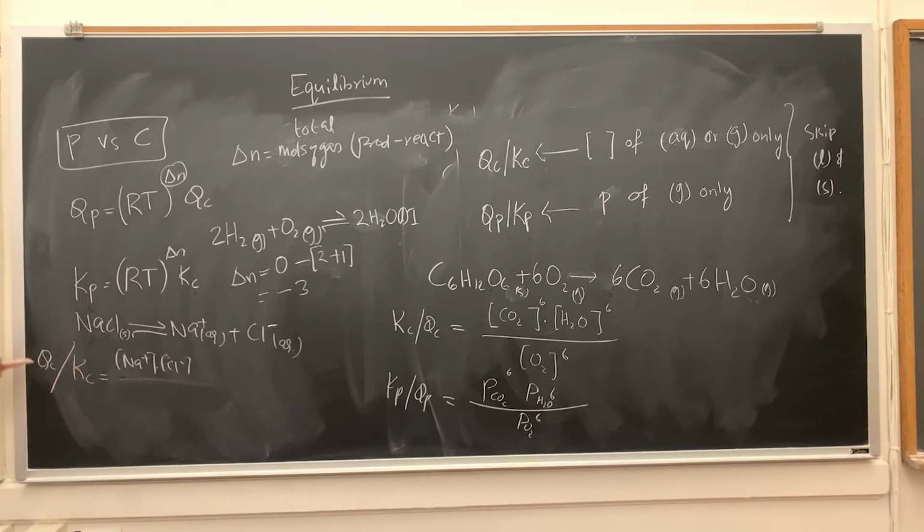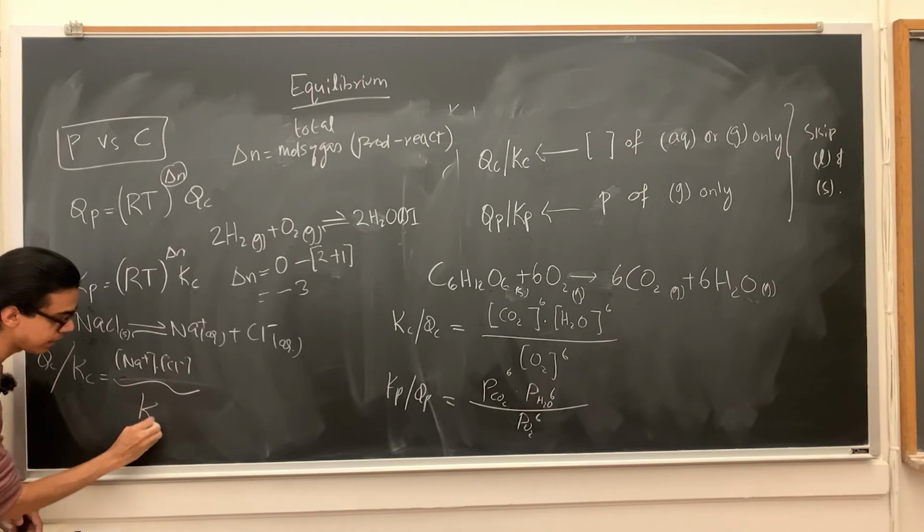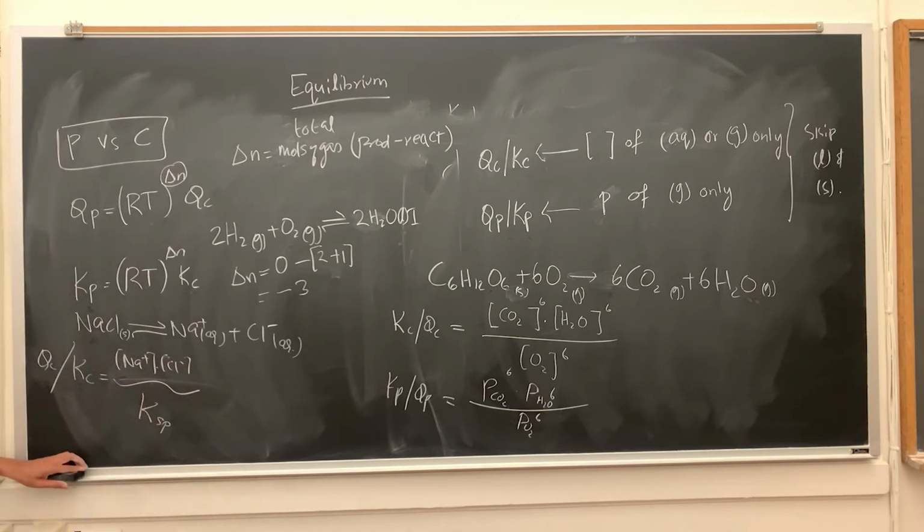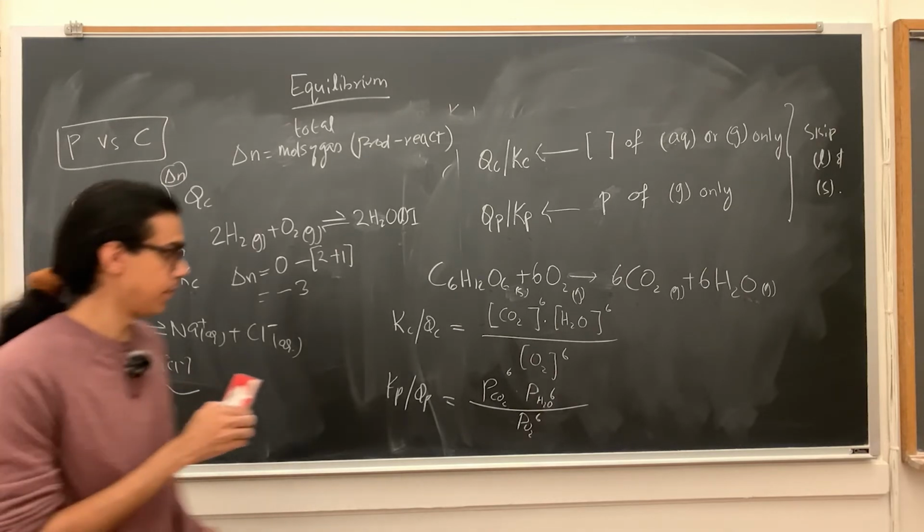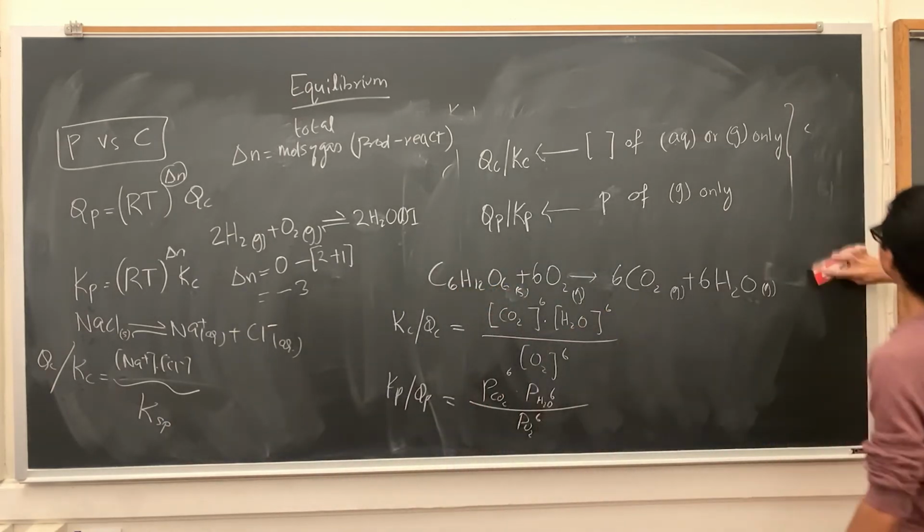And so Qc and Kc only involve products for dissolution reactions. That's why it has a special name. It's called Ksp, solubility product. Okay, coming up, next chapter. But yeah, all of this is related.